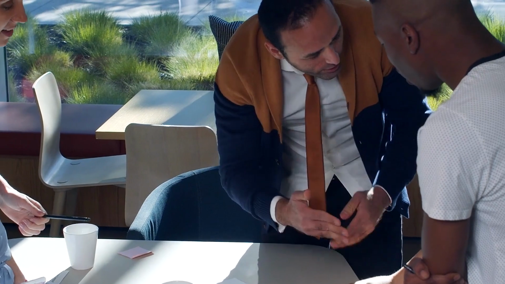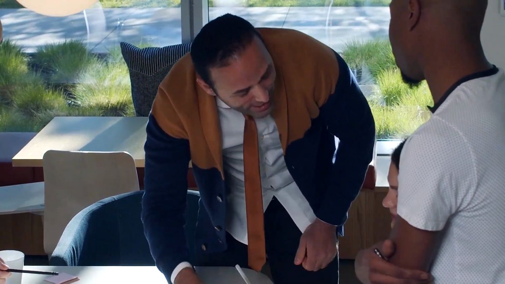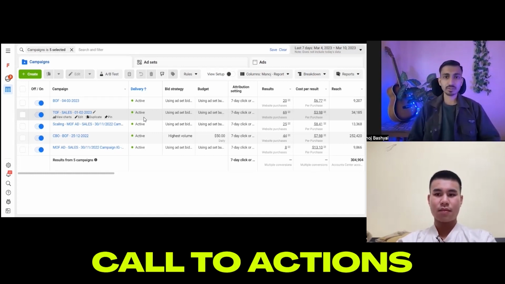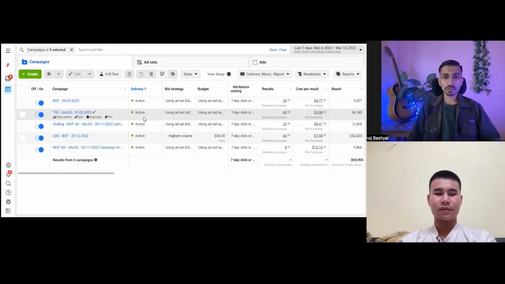That's our main goal. So that's why we're testing different offers, audiences, creatives, every possible thing, even placements and call to actions, so that after finding the winners, it would be really easier to scale. And while scaling, we don't have to lose a lot of money by scaling the ads.